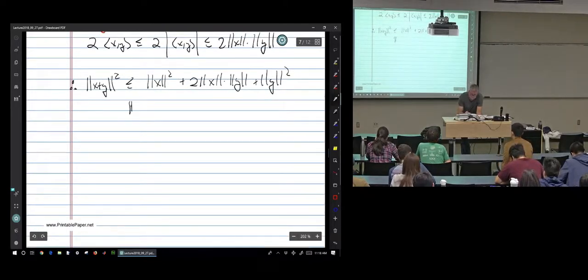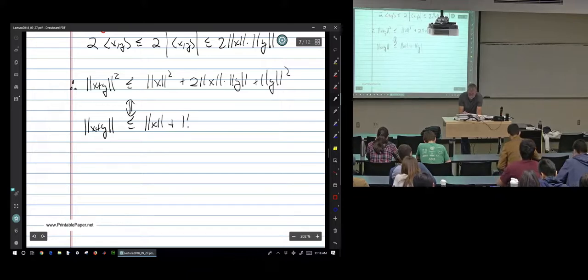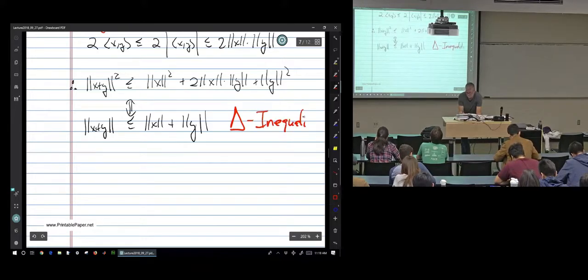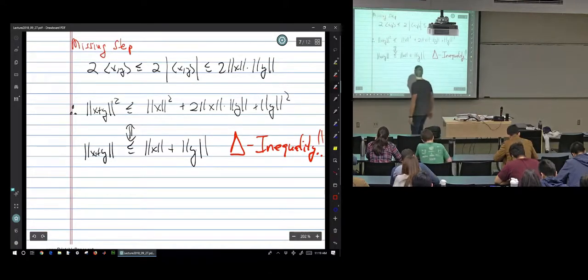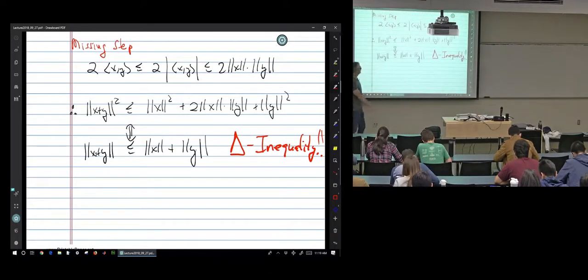And then that's if and only if the triangle inequality. So that's the hard part of showing that every inner product induces a norm. So this is in fact a norm.